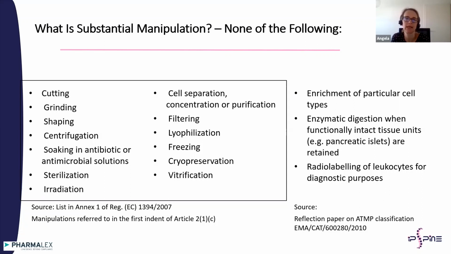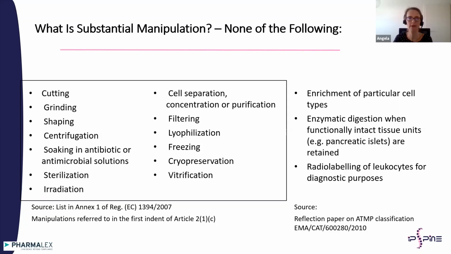Then interestingly, enzymatic digestion, provided that you retain some functionally intact units. And the example given here is if you have pancreatic islets. If these small units are retained and this little bit of tissue is still preserved, then it's also not regarded as substantial. And also if you radiolabel particular cell types in diagnostic circumstances, then this will also not be regarded as a substantial manipulation.